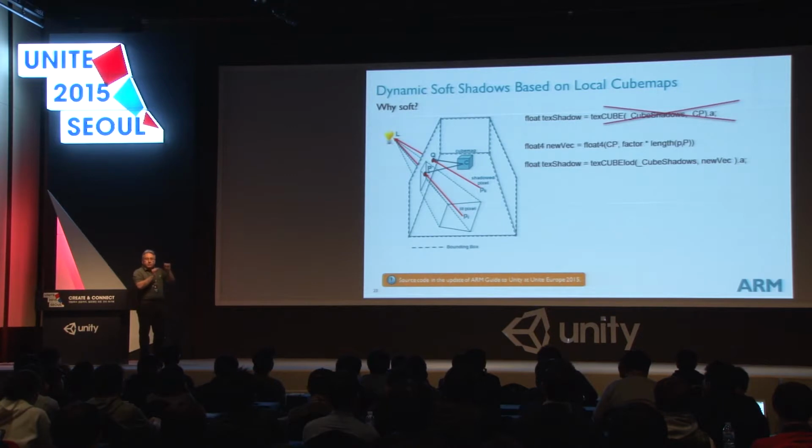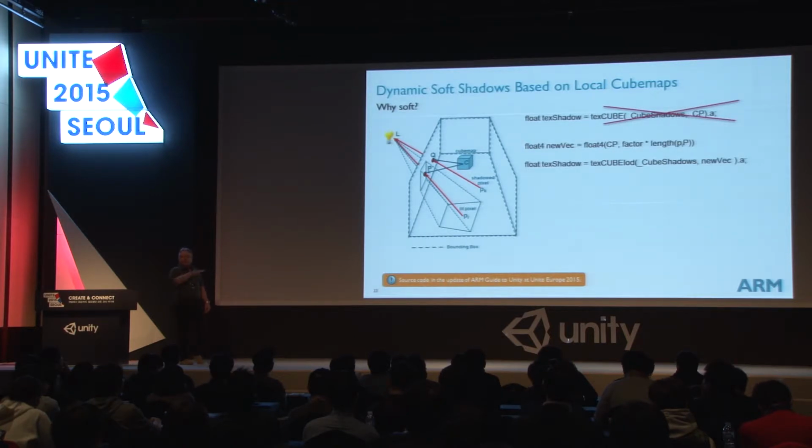I call it a factor because we will tweak and change it to show you how the softness of the shadows changes when we change the mipmap level we are using to fetch the texture.